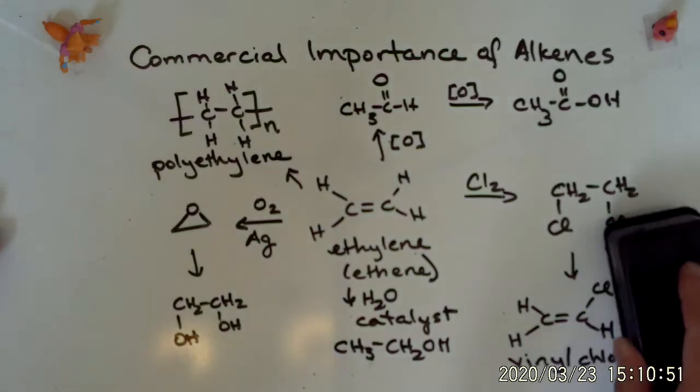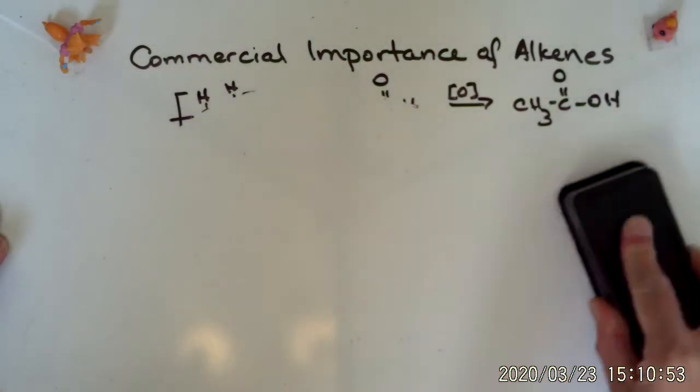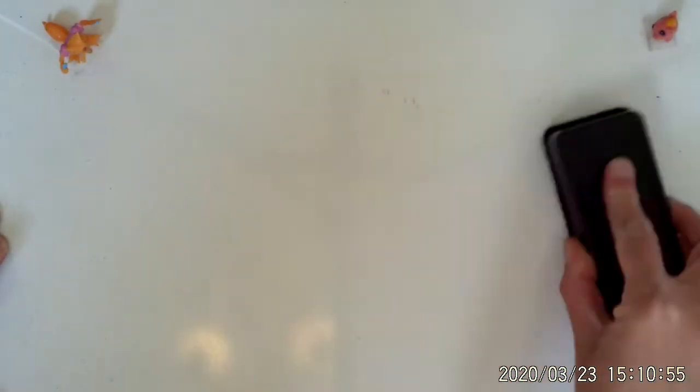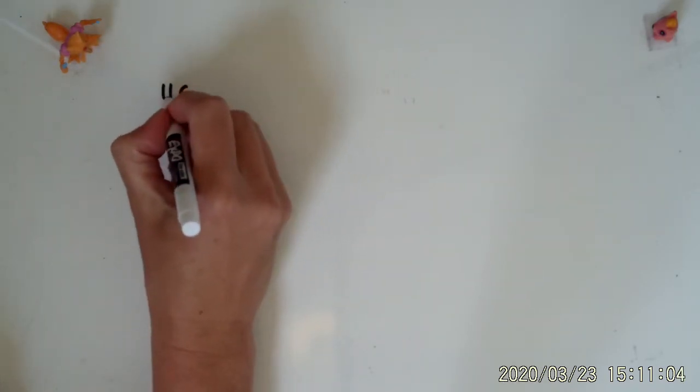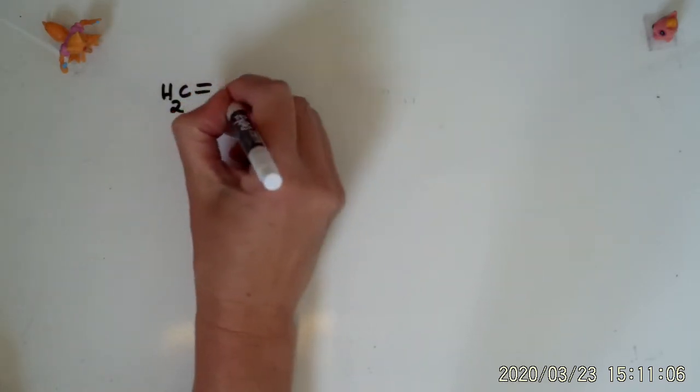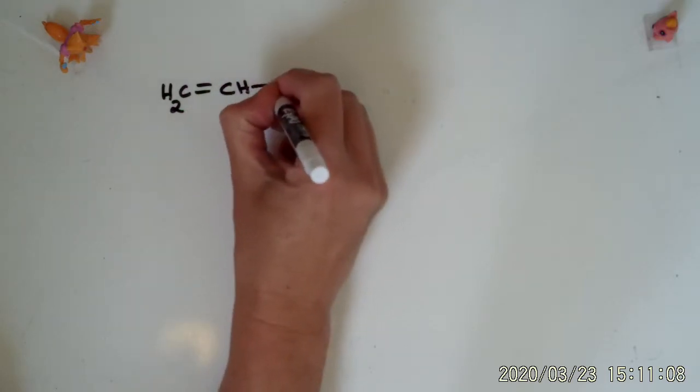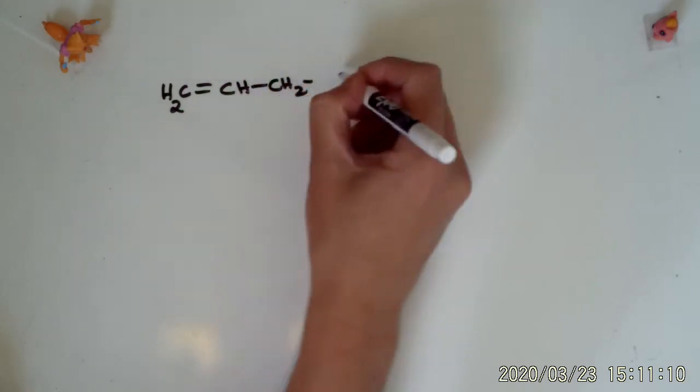Let's talk a moment about the stability of alkenes, and I think we mentioned it briefly before. Basically, if you look at alkenes, this is 1-butene.